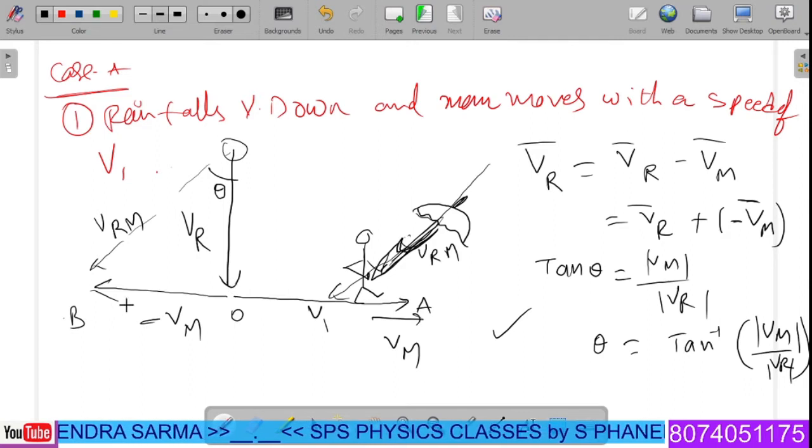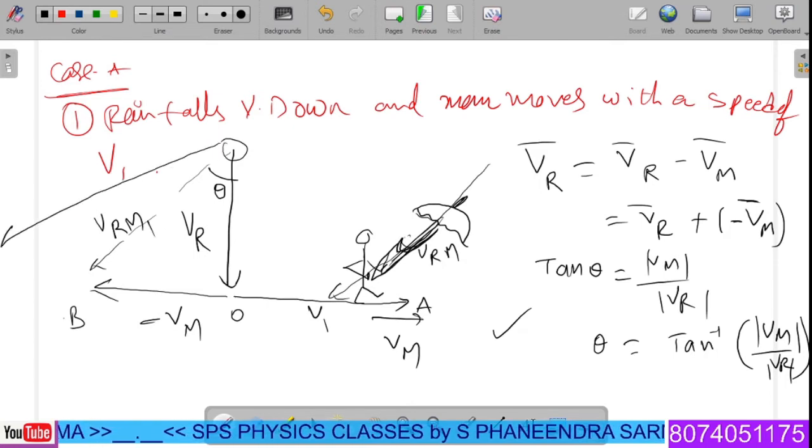That's the logic you have to follow here. Suppose in the same case the person increases his speed from V1 to V2, then what happens? VRM1 will be in this direction and VRM2 will be in this direction.